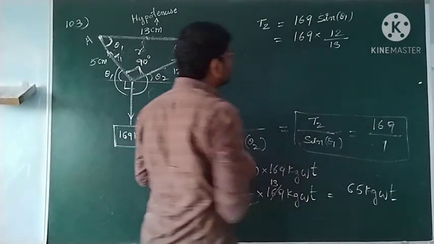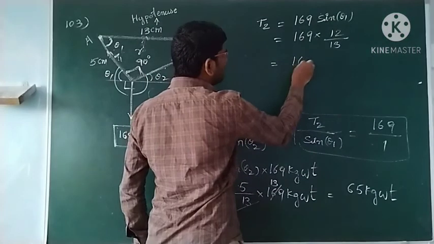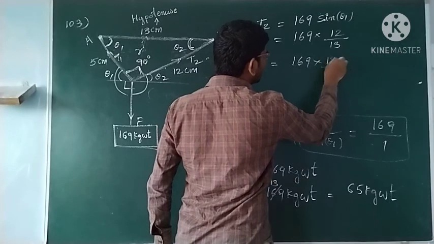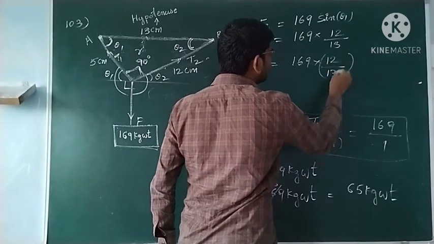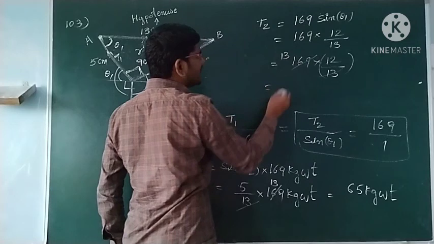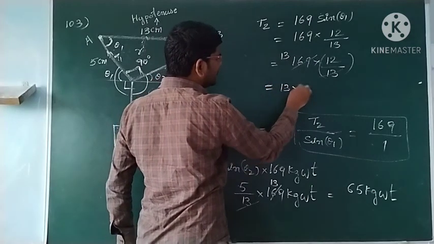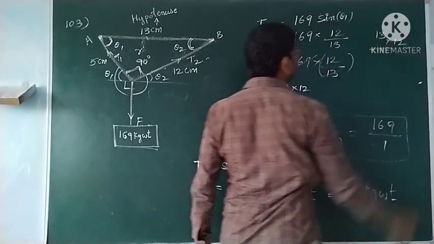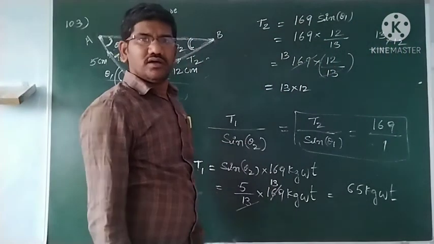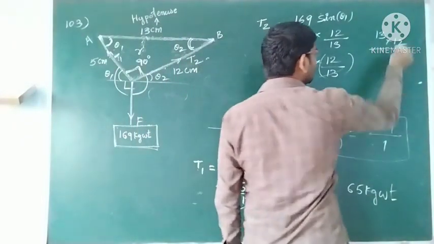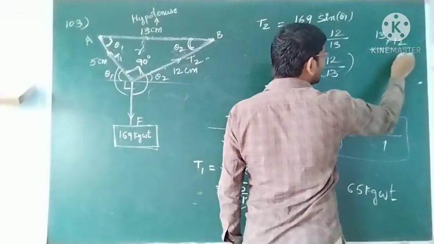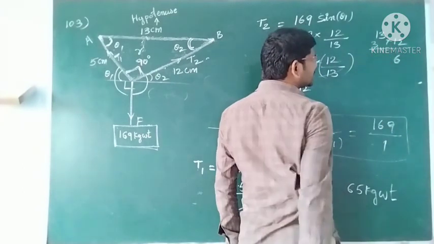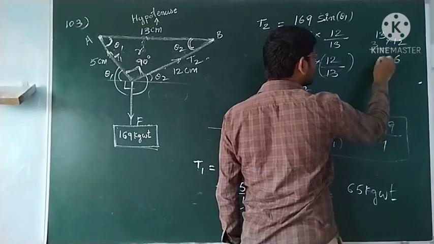Now you check it, students. How much will you get? 169 into 12 by 13. 13 into 13 is 169. Then 13 into 12, I have to check it. 12 3s are 36, 6 and carry 3. 12 1s are 12, 12 plus 3 is 15.